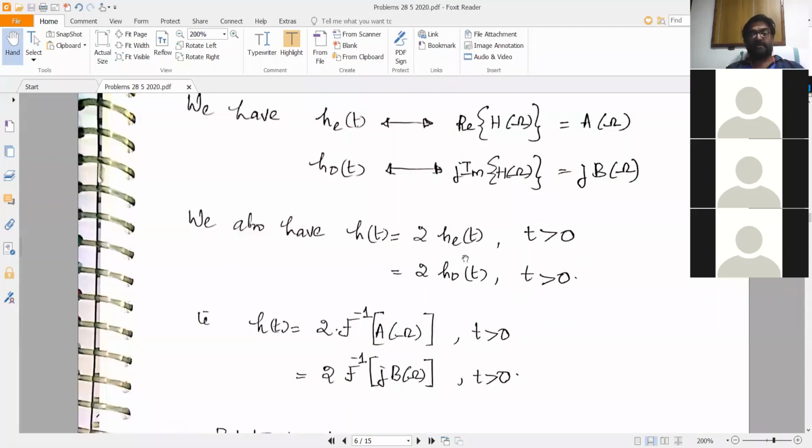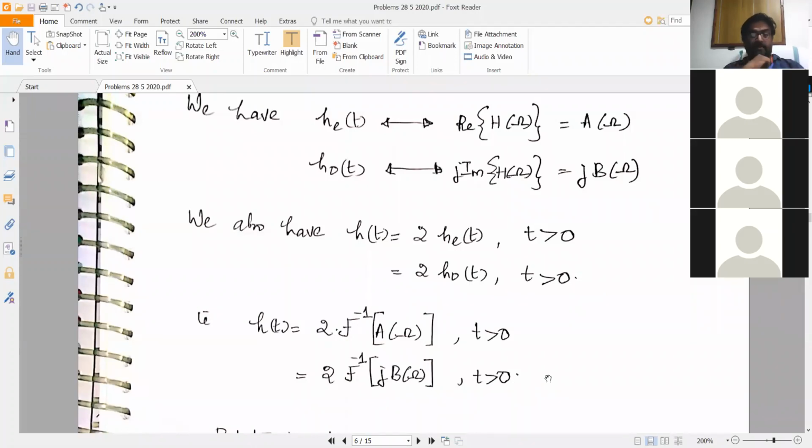Is that clear? And you also have this relation: h_e(t) has a Fourier transform given by the real part of H(omega), and h_o(t) has a Fourier transform given by j times the imaginary part of H(omega), which are respectively A(omega) and j B(omega). So therefore we can write h(t) is equal to 2 h_e(t), which is 2 times the Fourier inverse of A(omega) for t greater than 0, and it's equal to 2 times the Fourier inverse of j B(omega) for t greater than 0.